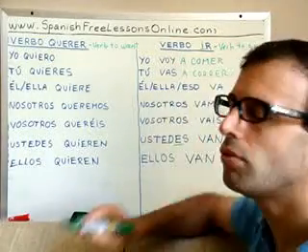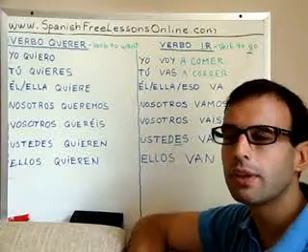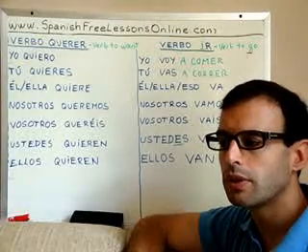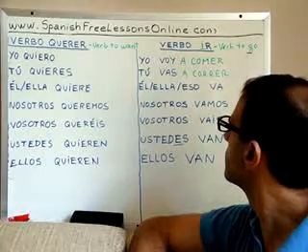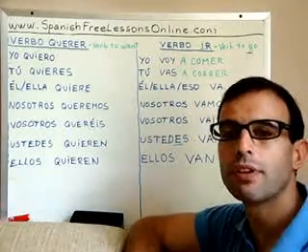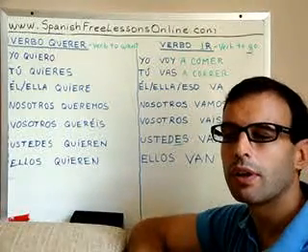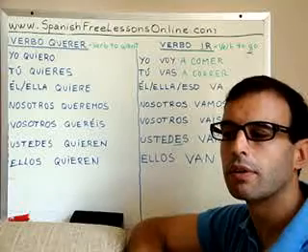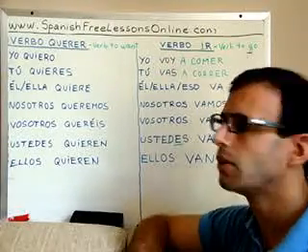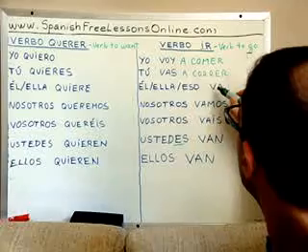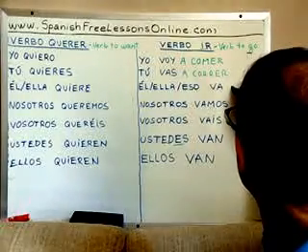Él, if you want to say he or she or it will, you can say, for example, if you want to say that goes there, you will say eso va ahí.